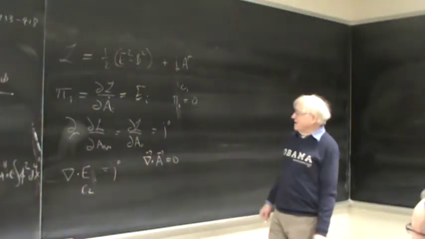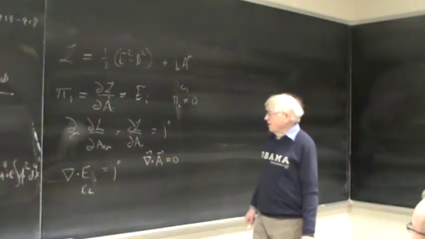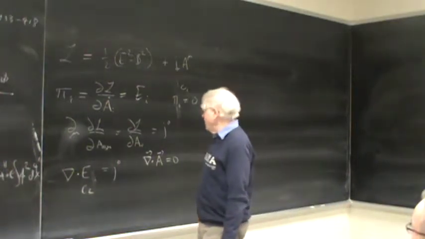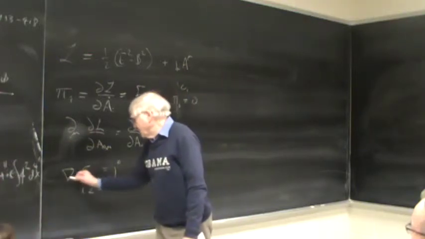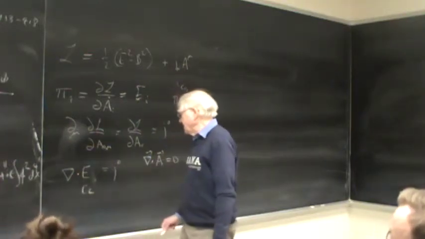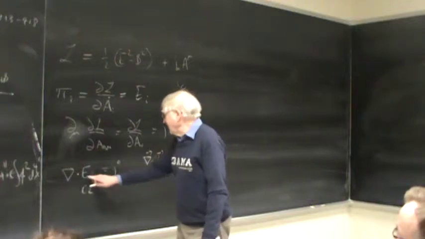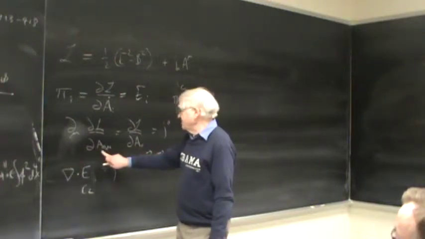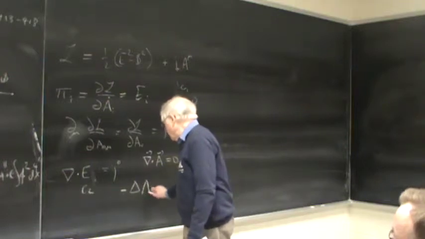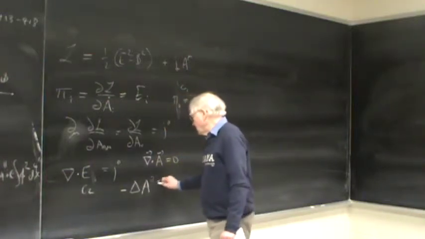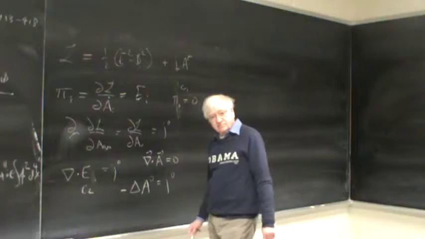Then we have that del dot E equals J_0, but in fact, this is actually minus Laplacian of A_0 equals J_0.